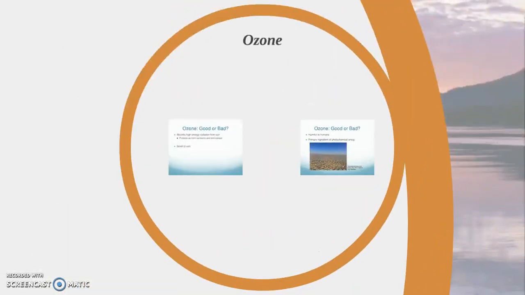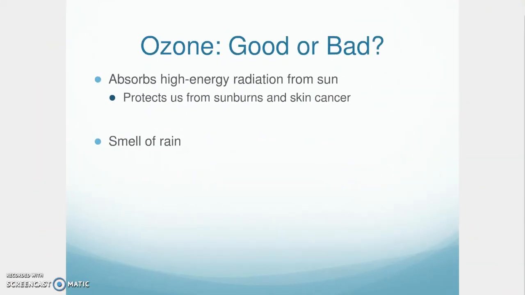There are other chemicals, such as ozone, which can cause a lot of problems. Ozone is kind of unique. Ozone is one where, in some cases, it's a good chemical, other cases, it's bad. For instance, ozone is absolutely important in protecting us from high energy radiation from the sun.